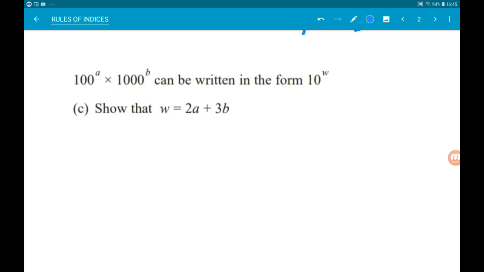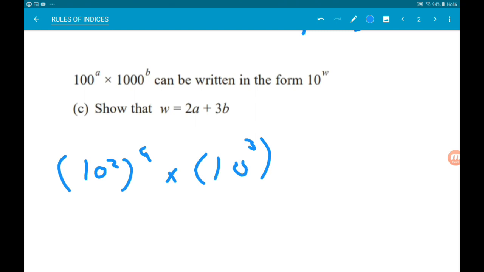So, 100 is 10 squared. So, 100 to the power a we can write as 10 squared to the power a. Now 1000 is 10 cubed. So we have 10 cubed to the power b.